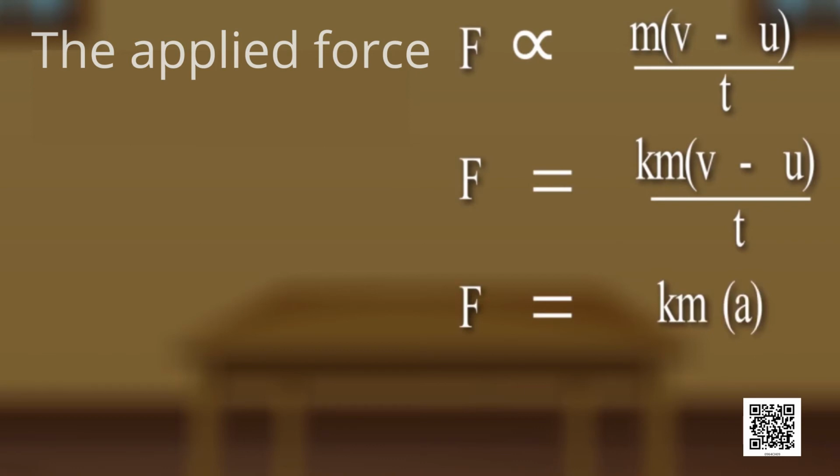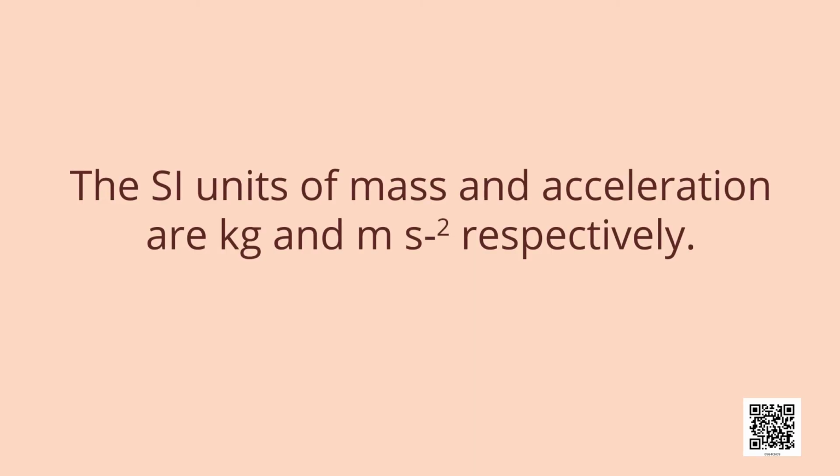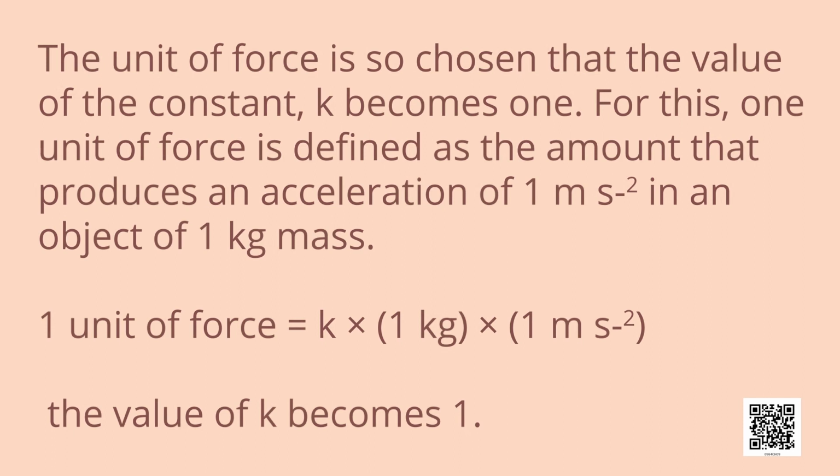The quantity k is a constant of proportionality. The SI units of mass and acceleration are kilogram and meter per second square respectively. The unit of force is so chosen that the value of the constant k becomes 1. For this, one unit of force is defined as the amount that produces an acceleration of 1 meter per second square in an object of 1 kg mass.